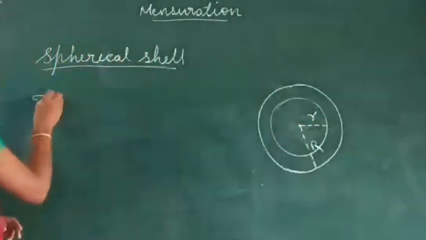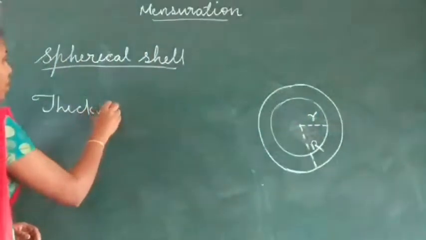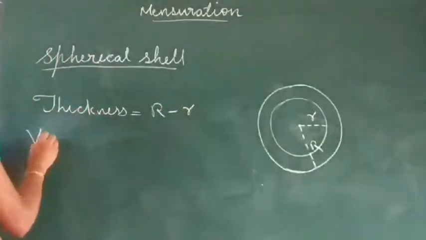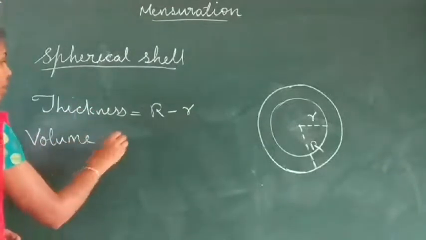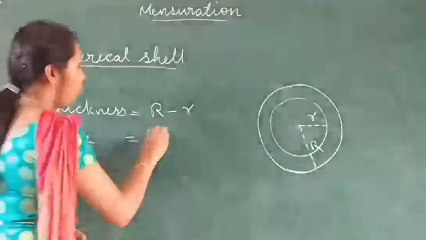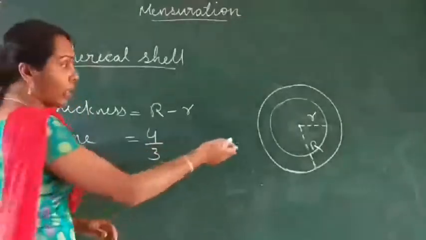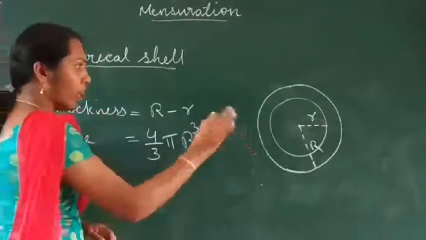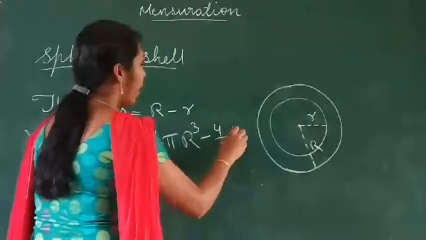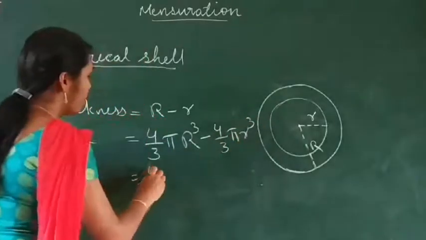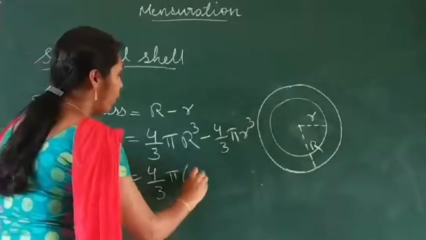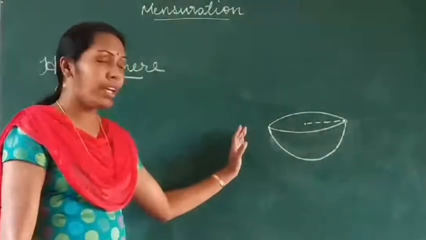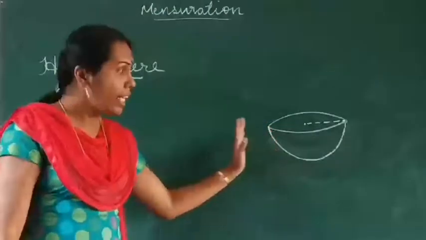So thickness of the shell is equal to R minus r and the volume of this spherical shell is equal to the volume of the outer sphere, that is 4 by 3 pi R cube, minus the volume of the inner sphere, that is 4 by 3 pi small r cube, that is equal to 4 by 3 pi into R cube minus r cube.